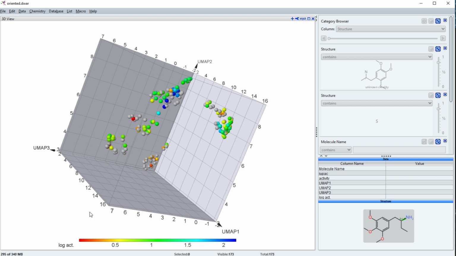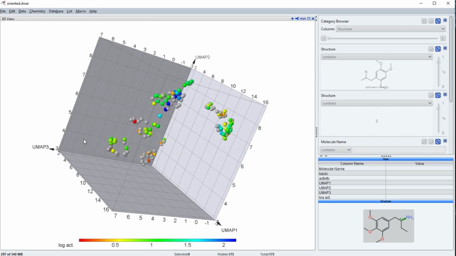And I've coloured the data points by the log of the activity in mescaline units, and this is from the paper that I talked about in the introduction. And so mescaline is here, and if I mouse over it, the structure will appear in the bottom right. And of course mescaline is red with a log activity value of 0 because the log of one mescaline unit is 0.